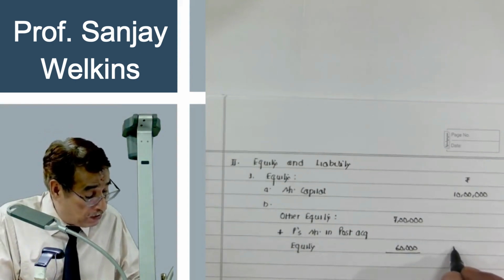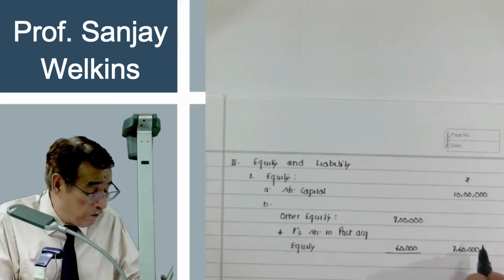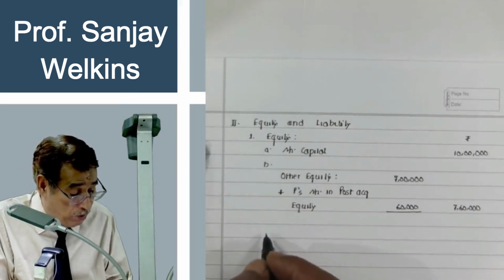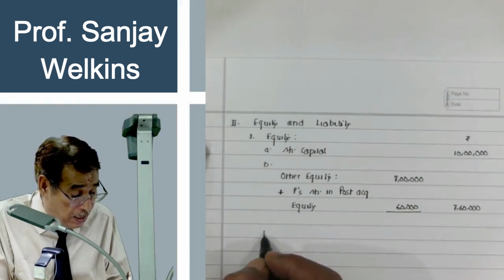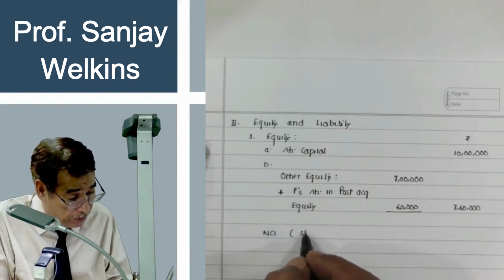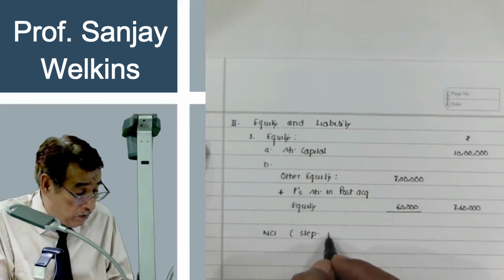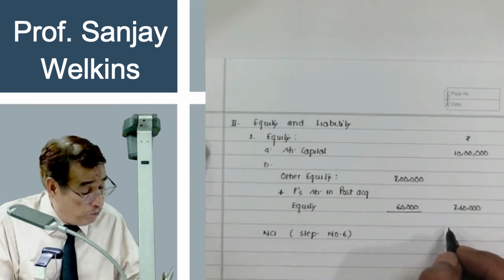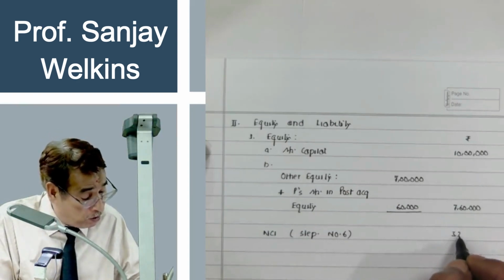So 7 lakh 60,000. Then I told you earlier that you should not forget to write NCI here, as per your step number 6. The balance which we computed was 3,20,000.